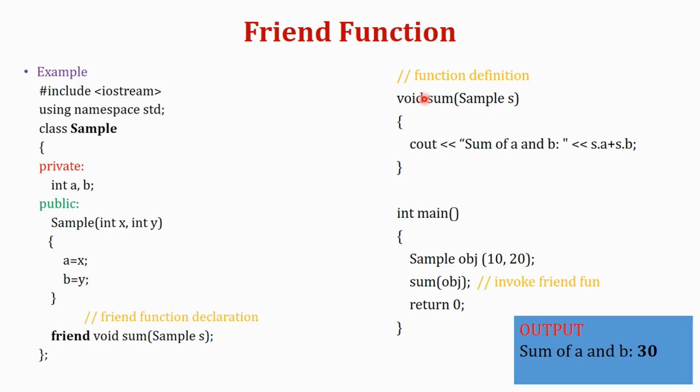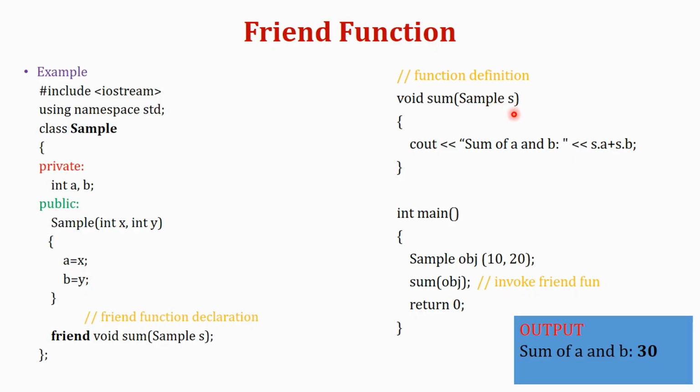Next, the sum function is defined outside of the class. Here there is no need to mention the friend keyword again. Directly we can mention the return type, the function name sum, then an object of the class as a parameter.